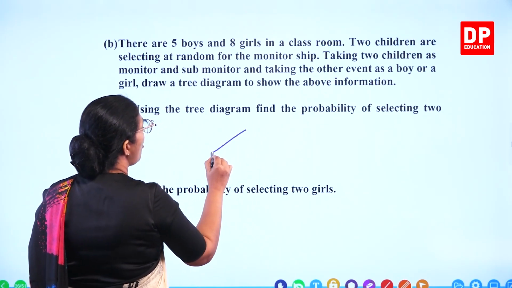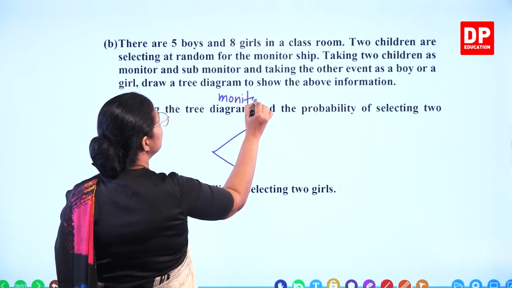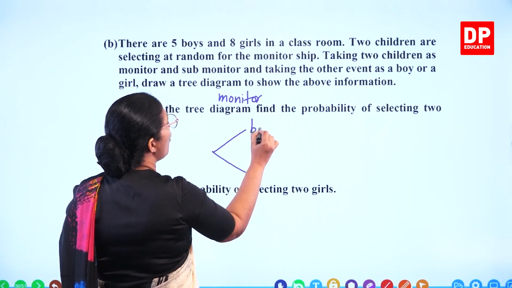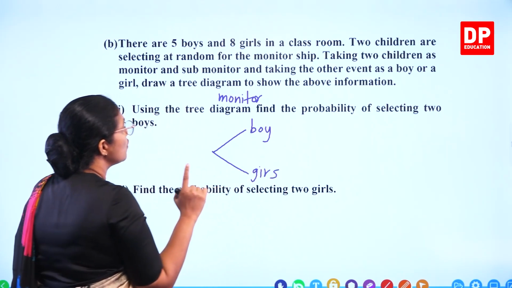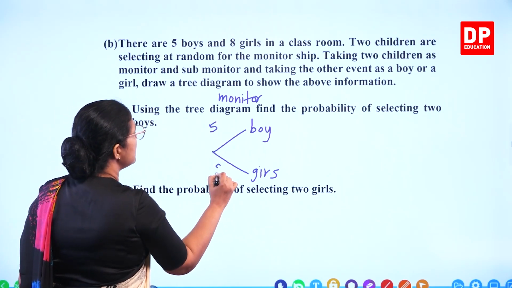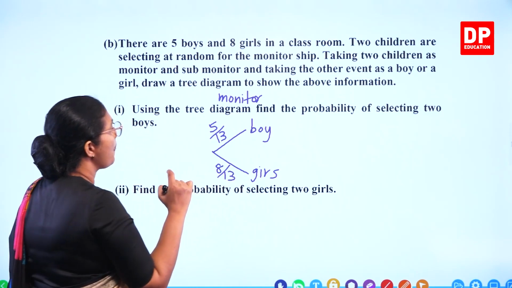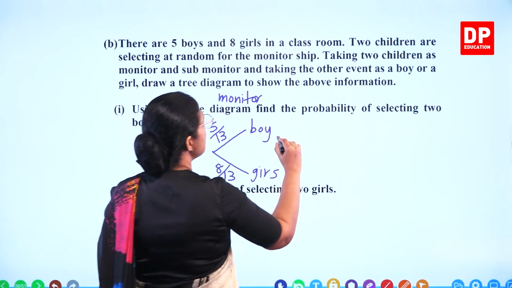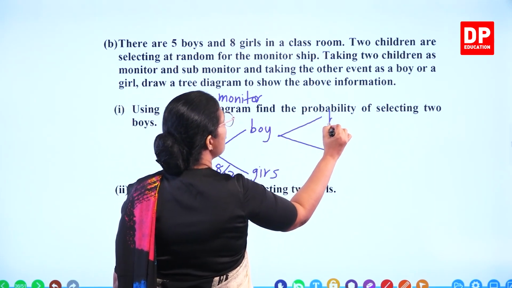First take the monitor. It can be a boy or a girl. So how many boys are there? 5 boys and 8 girls, altogether 13. Then the second one you can select as sub-monitor. Again, boy or a girl.